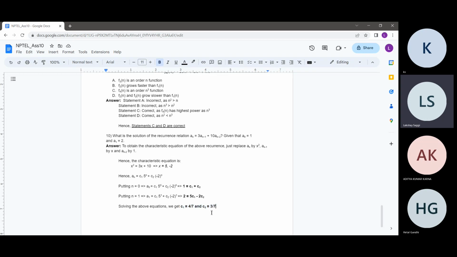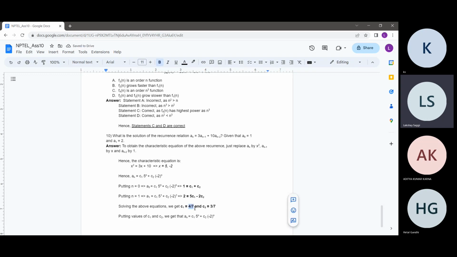These are correct. So just putting in these values of C1 and C2, we get AN. AN I had earlier written as C1 times 5 raised to the power n and C2 times minus 2 raised to the power n.